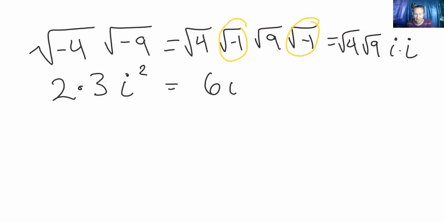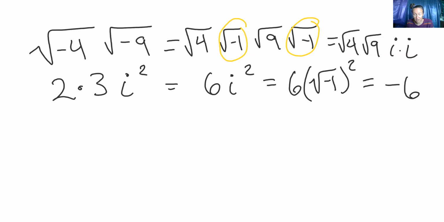So we've got 6i squared, right? But what does i squared really mean? i is the square root of -1. So if we've got the square root of -1 squared, we just have a -1. And -1 times 6 is -6. So this whole thing simplifies to a -6. All right. That's the correct way to do it.